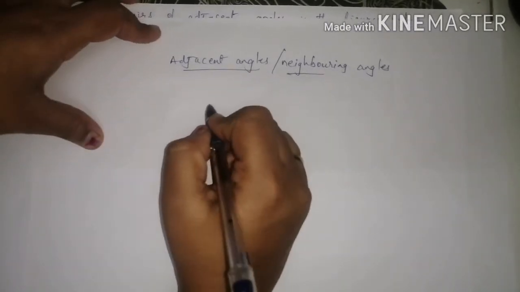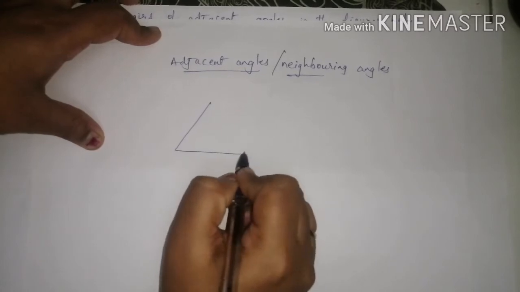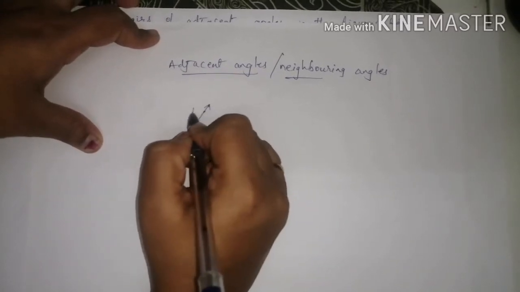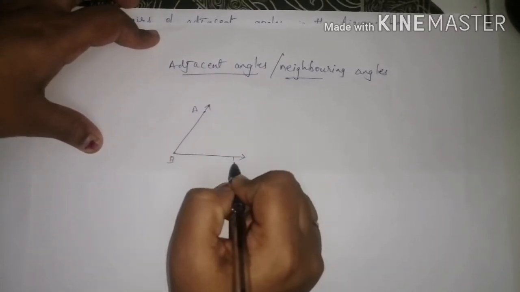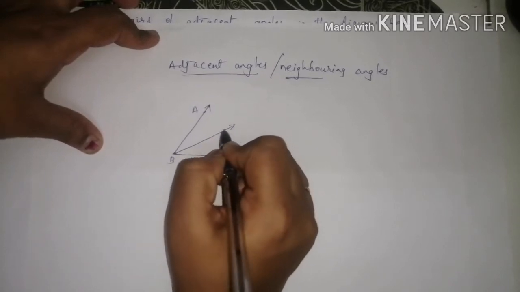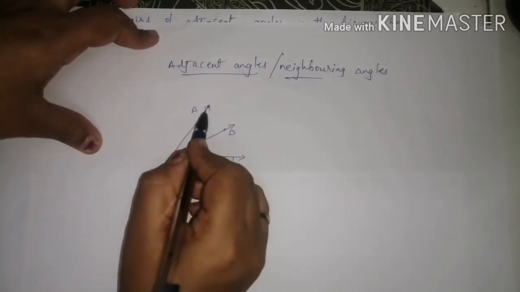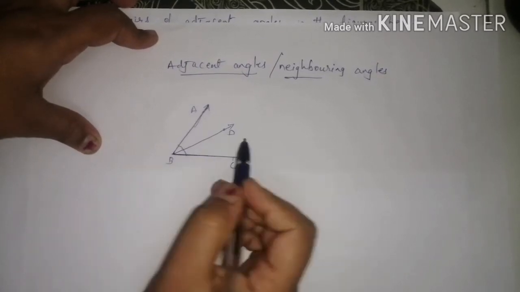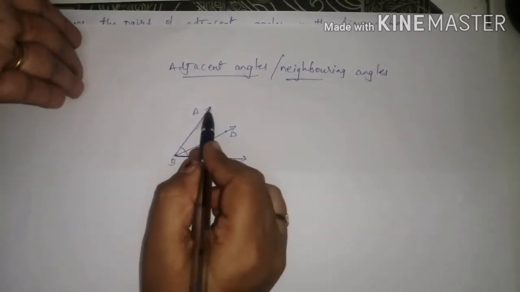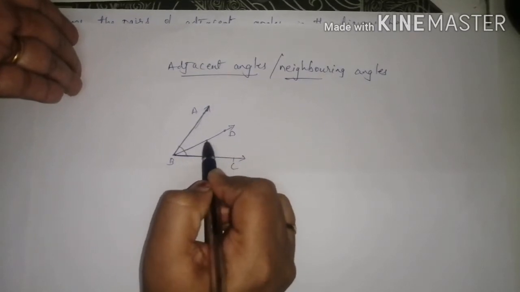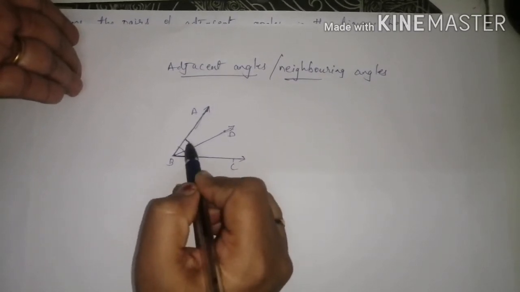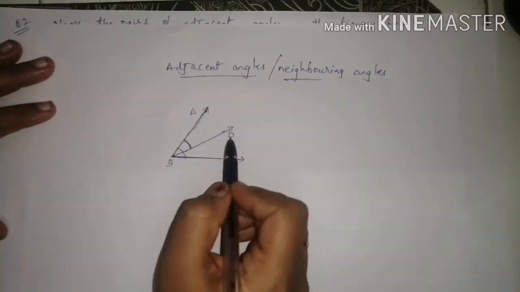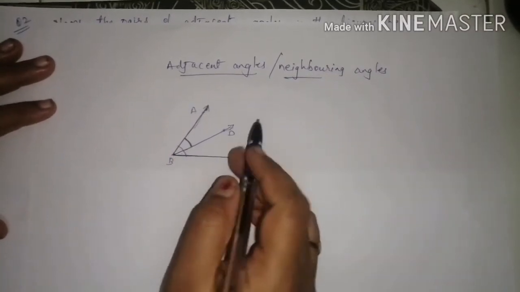Suppose, see here children, this is one angle, angle ABC, and one more angle is there, angle ABD. Just check it. What happens in these two?